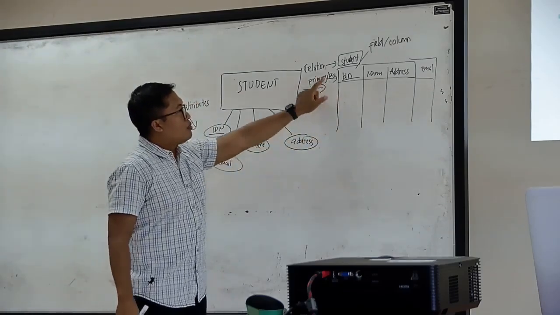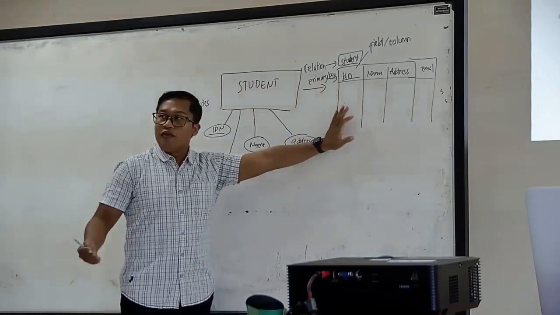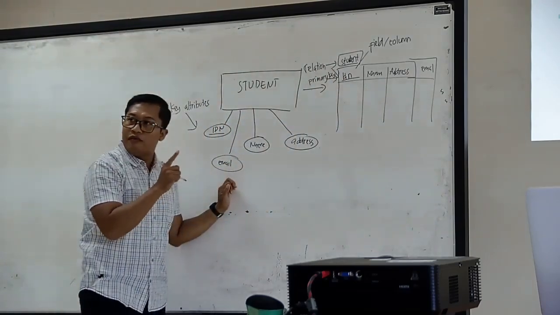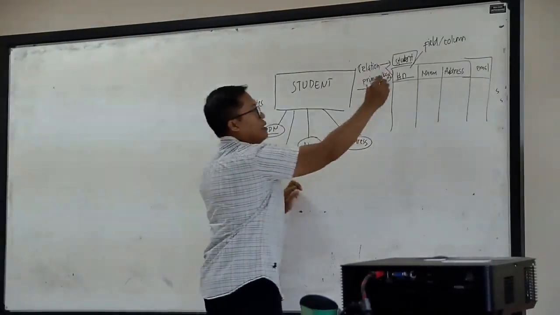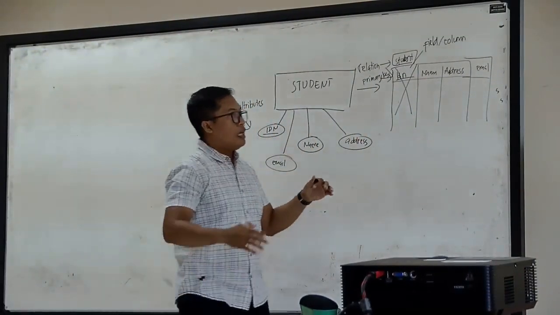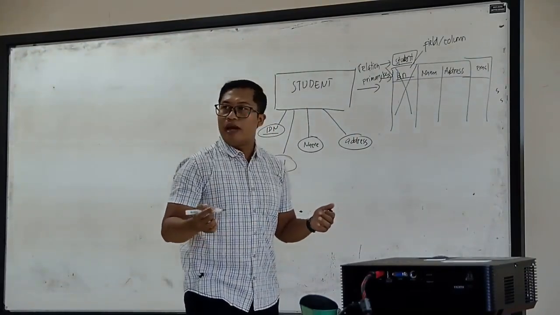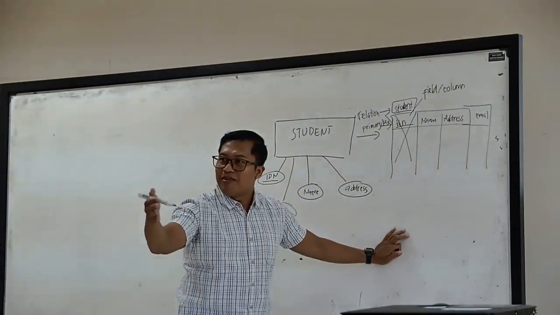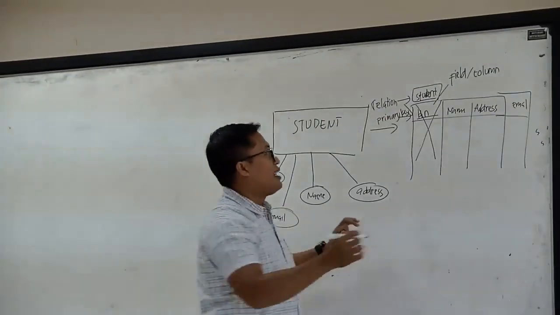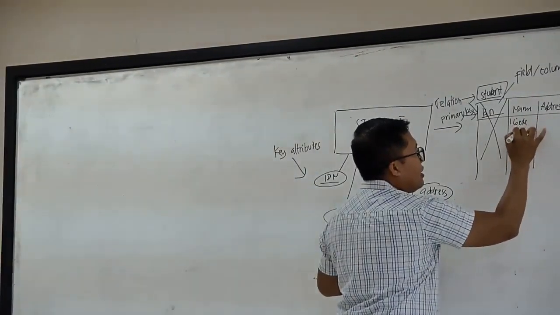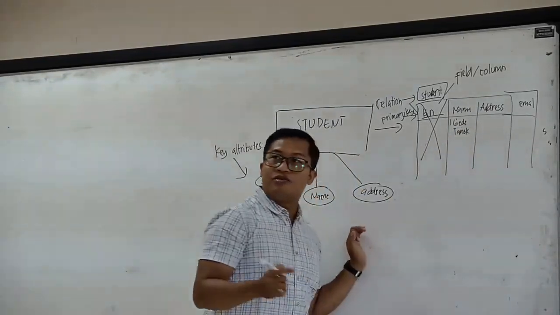Okay, so if we don't have the primary key like that, I will try to write your name. Who is your name? The full name? Igede Tano. Address?